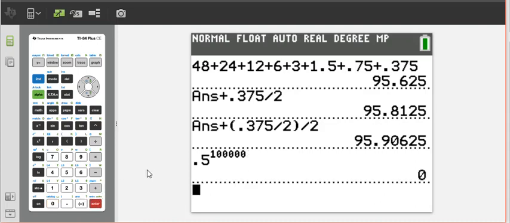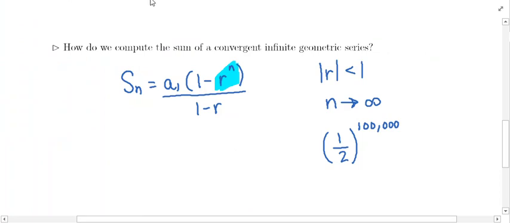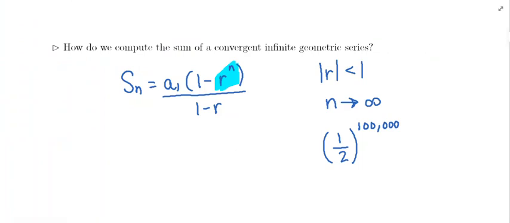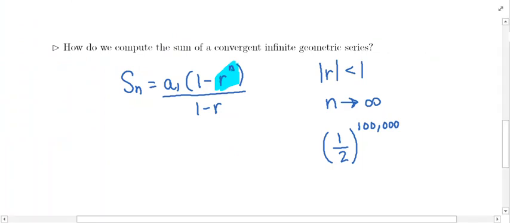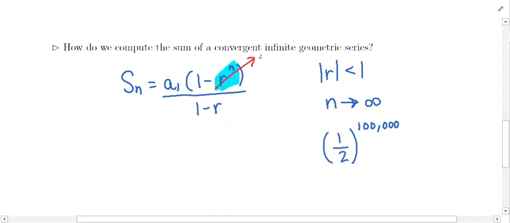The answer is not 0, it's essentially 0. The calculator just zeroes it out. So my point is, if you have a geometric series and the absolute value of R is less than 1, and you're raising that tiny number to some huge number, this becomes 0.